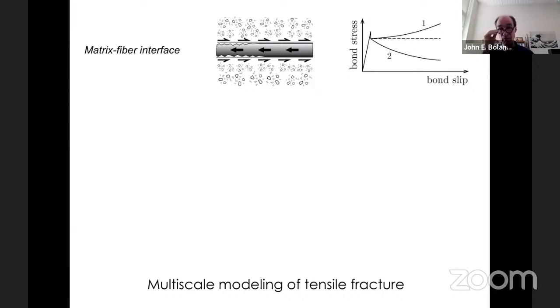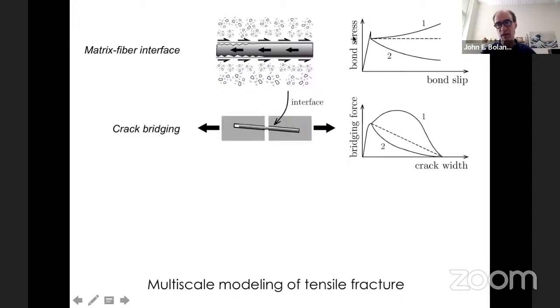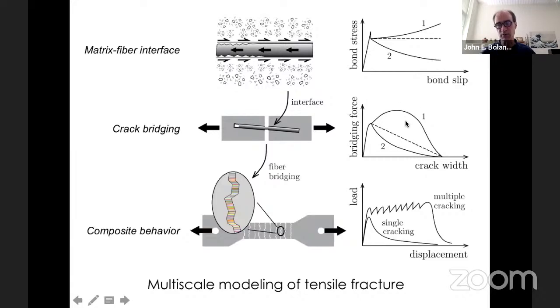So when the material fractures, we can introduce a micromechanical model that relates bond slip and bond stress. Then the fiber bridges the crack, and these two together produce this type of bridging force as the crack opens up. So we can have a material that slip softens or slip hardens. You get this type of response for slip softening and slip hardening respectively.